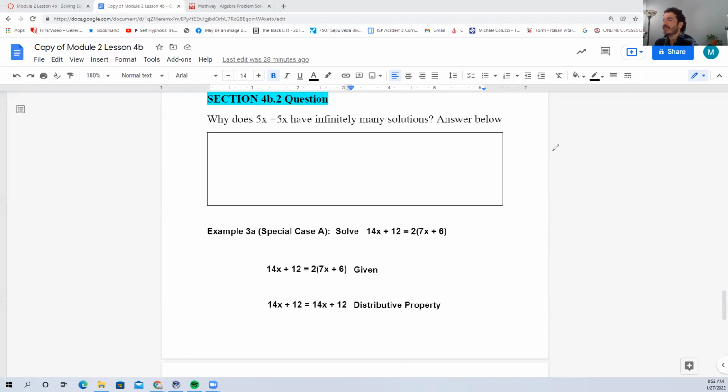So what's going on here visually? And this will make more sense as we get into later modules. I just want to prime it for a second. 5x can represent a line. If it's y is equal to 5x, you would end up with a line, and it would look something like this.